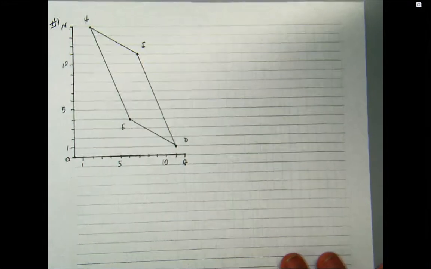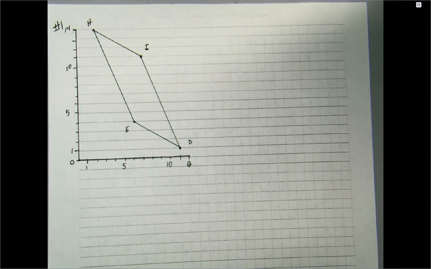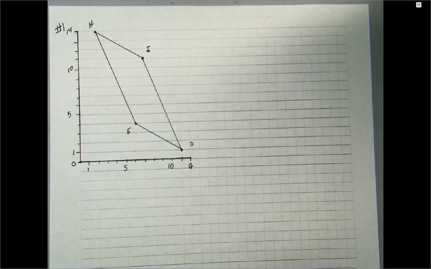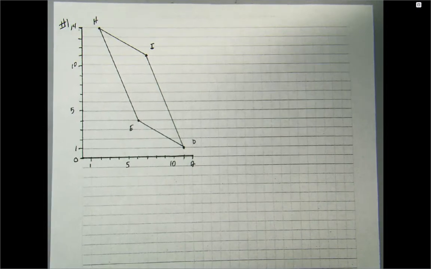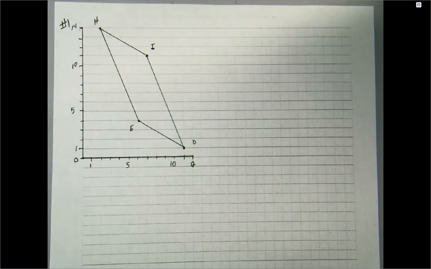So that would be the graph. And now we have room to graph the other ones. And if you run out of room, there's graph paper in different locations here. If you need more later, I'll have more for you.